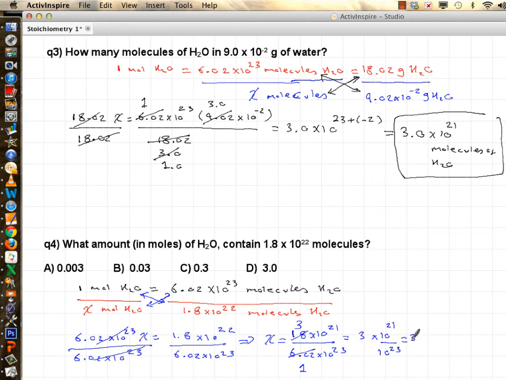So this is 3 times 10 to the power 21 take away 23. So the final answer is 3 times 10 to the minus 2. Now this means take 2 decimal places to the left. So your final answer really is 3. 1 decimal place, 2nd decimal place, put your 0, put your digit. So it's 0.03 moles. And then pick and choose the right answer, which is B.